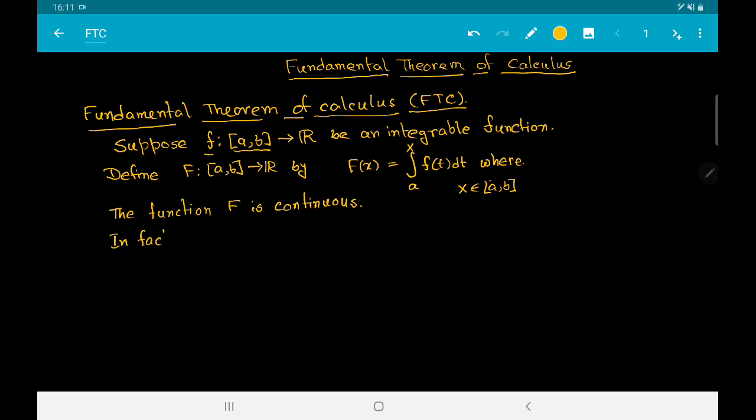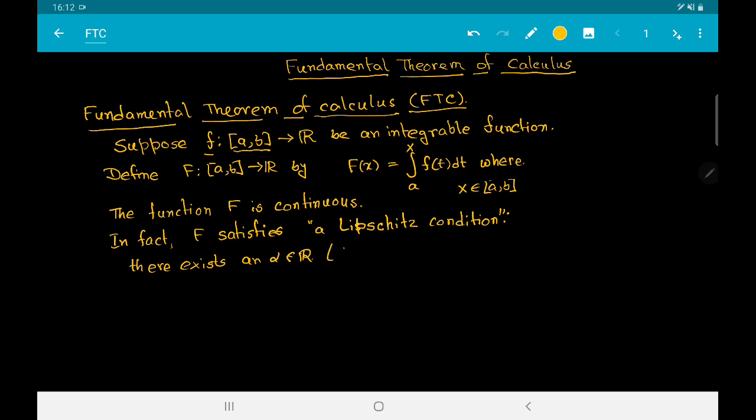In fact, F satisfies what is known as a Lipschitz condition, namely, there exists an alpha in R, let's say in general alpha is bigger than or equal to 0, such that for x, c in [a,b] we always have |F(x) minus F(c)| is less than or equal to alpha times |x minus c|.